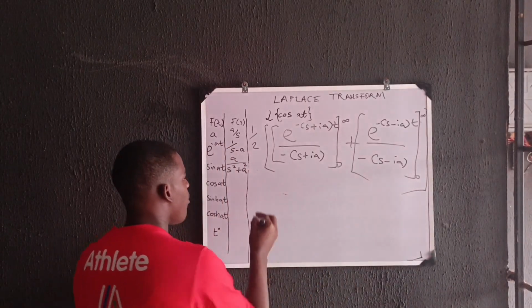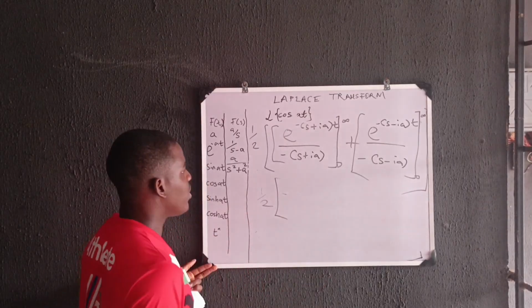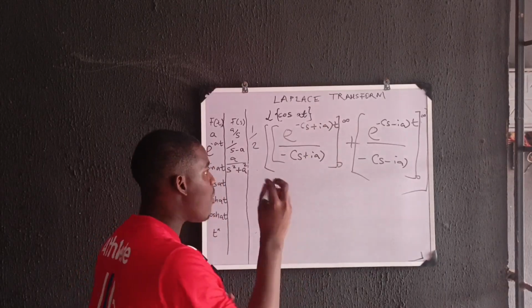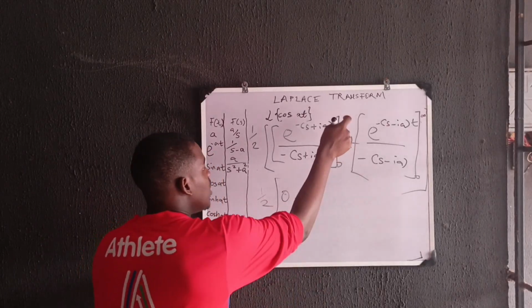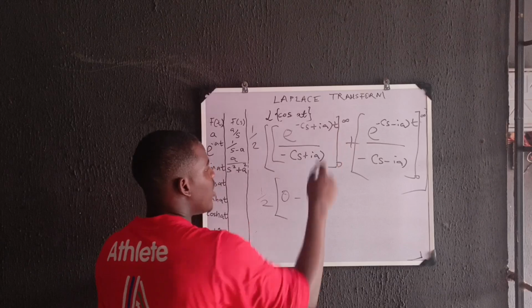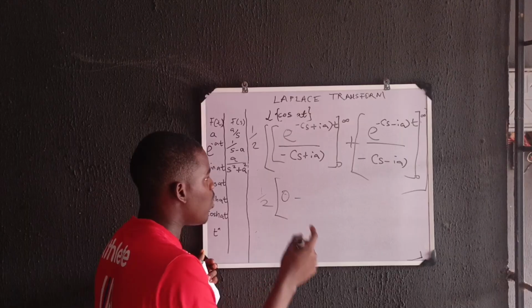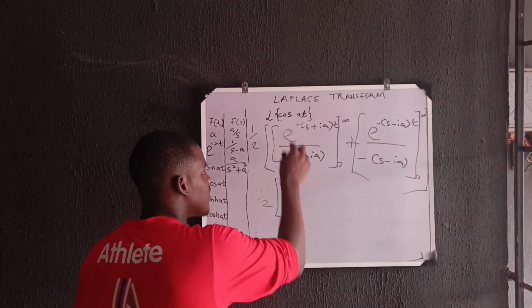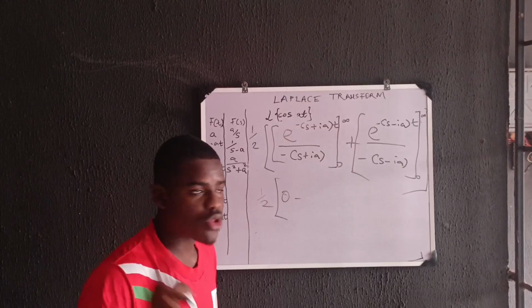Okay, so let's move forward. We are going to have 1 over 2 outside. Now when infinity attacks this, what are you going to have? e to the power of infinity, as I said the last time, is going to give us 0. So the first one is 0, minus, when t is 0, e to the power of 0 is going to give us 1.